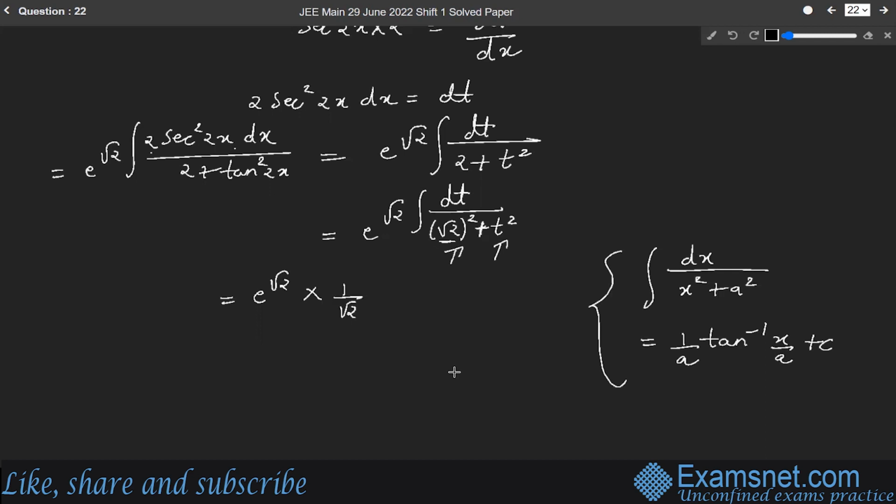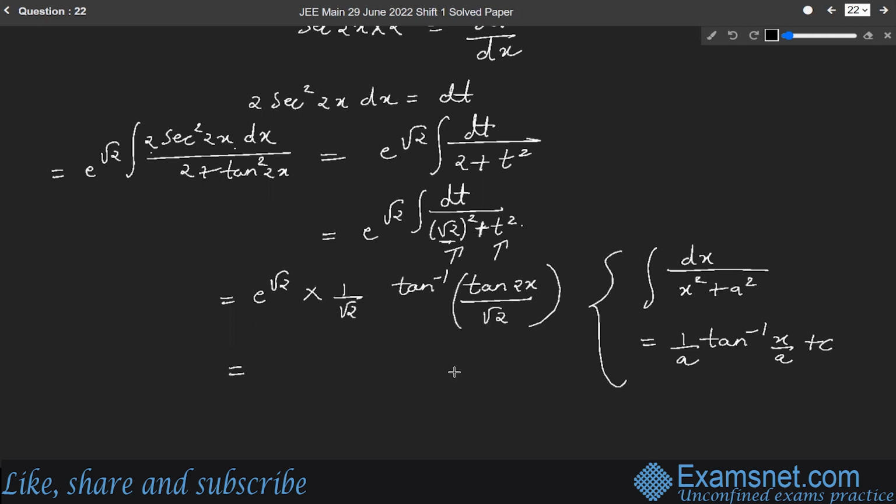So e power root 2 is outside. Now integral of dt upon root 2 square plus t square is 1 upon a, meaning 1 upon root 2, and tan inverse of x upon a. What is x? x is t, and the value of t is tan 2x, divided by a, which is again root 2.